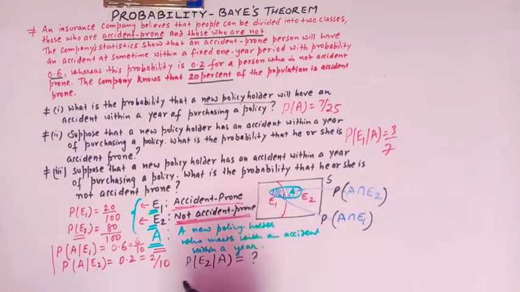Here, in order to find the probability of E2 given A, we have to again make use of the Bayes theorem.